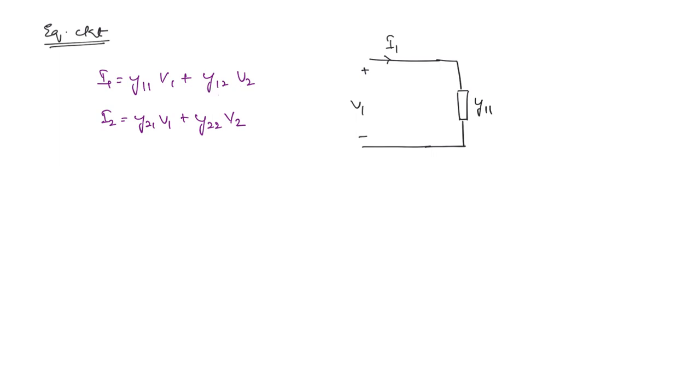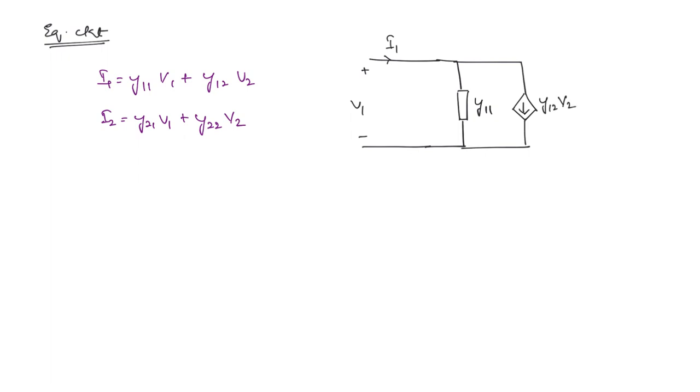Since V2 is not on this side, it should be a dependent source. What will be the direction of current? It will be away from the node, because according to the equation I1 is equal to some terms. I1 is entering, so other currents should leave the node. So this is going to be Y12 V2.